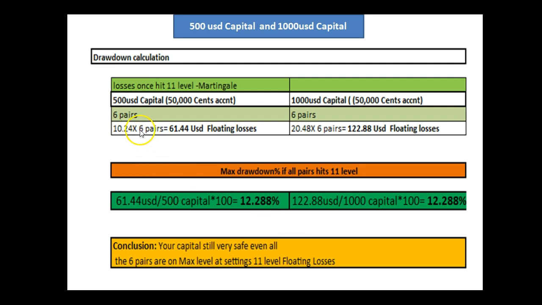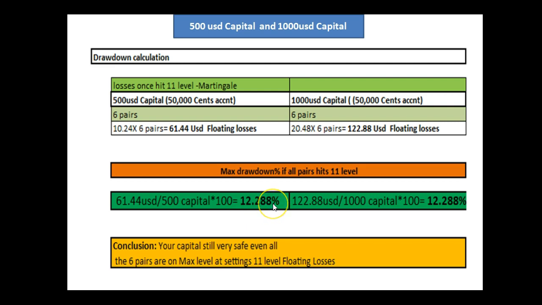So 20.24 multiplied by your number of pairs, 6 pairs, is equivalent to 61.44 US dollar floating losses. This is the calculation. Maximum drawdown percentage will be 61.44 US dollar, you divide it by your capital, equivalent to 500 US dollar here, times 100, is equivalent to 12%.